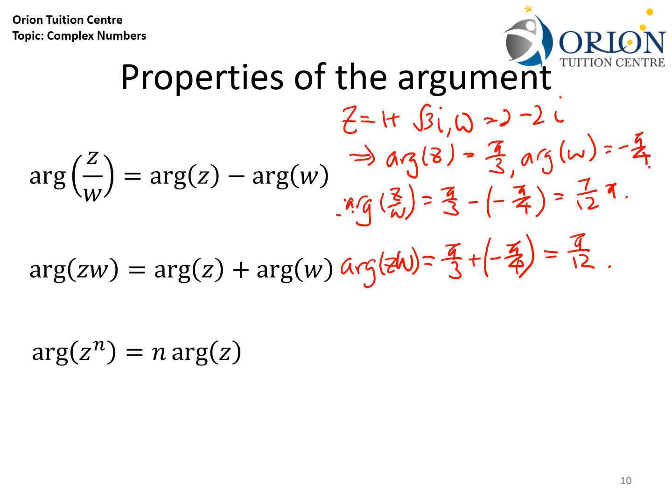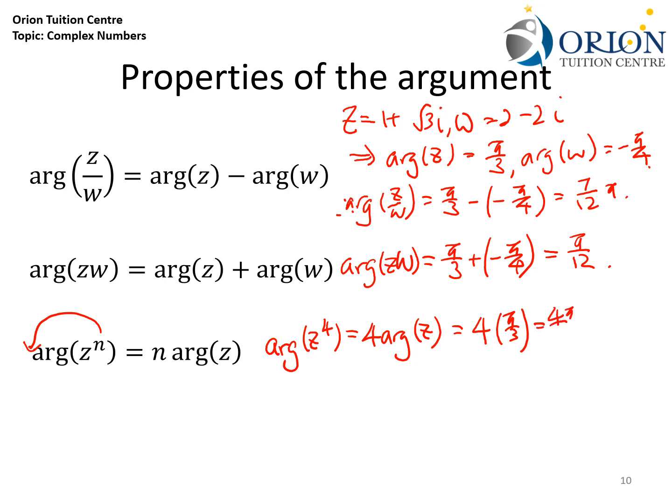The power rule of logarithm applies as well. We can bring the power down and out of the argument, and argument of z to the power n is the same as n times the argument of z. So let's say we are looking at z to the power of 4. Argument of z to the power of 4 will be the same as 4 argument z, which is 4 times pi over 3, which is 4 pi over 3.